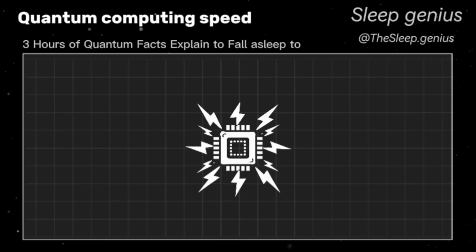Yet these limitations only deepen the fascination, for they illustrate that the universe has a rhythm, and quantum speed is a dance within that rhythm, not a breach of natural law. In closing, quantum computing speed is a mirror held up to the subtlety of the cosmos. It is a phenomenon that invites awe, a testament to the ingenuity of human thought and the strange generosity of the quantum world.